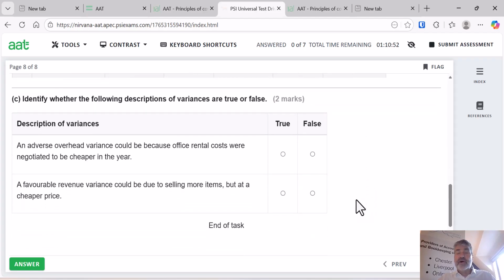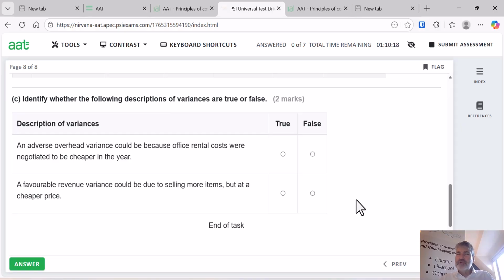Okay, well, the final part of this task then is a true or false task about variances. So let's have a look at the first description. An adverse overhead variance, so we're talking about a cost, could be because office rental costs were negotiated to be cheaper in the year. Well, if we're looking at a cost, the actual cost against the budget, well, basically if we have an adverse cost variance, the actual cost will be higher than the budget.